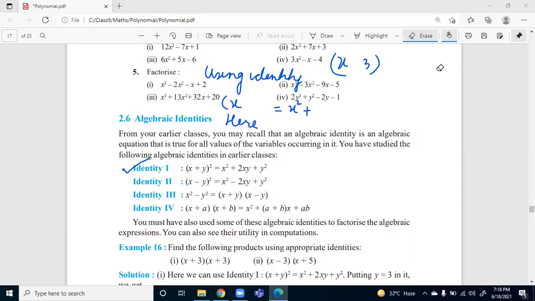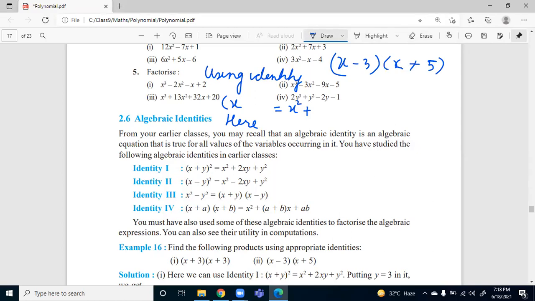Okay. So let's start with the second part. Second part is (x - 3) and (x + 5). Okay, so here which identity we need to use? (x - y) square. No, that is not correct, Leona. See, we do have different things in both the brackets. (x + y) and (x - y)?